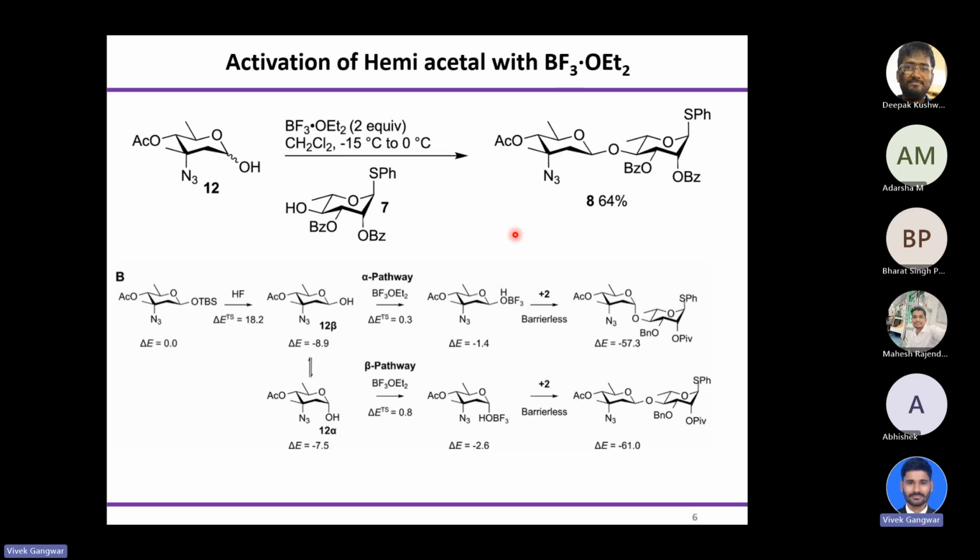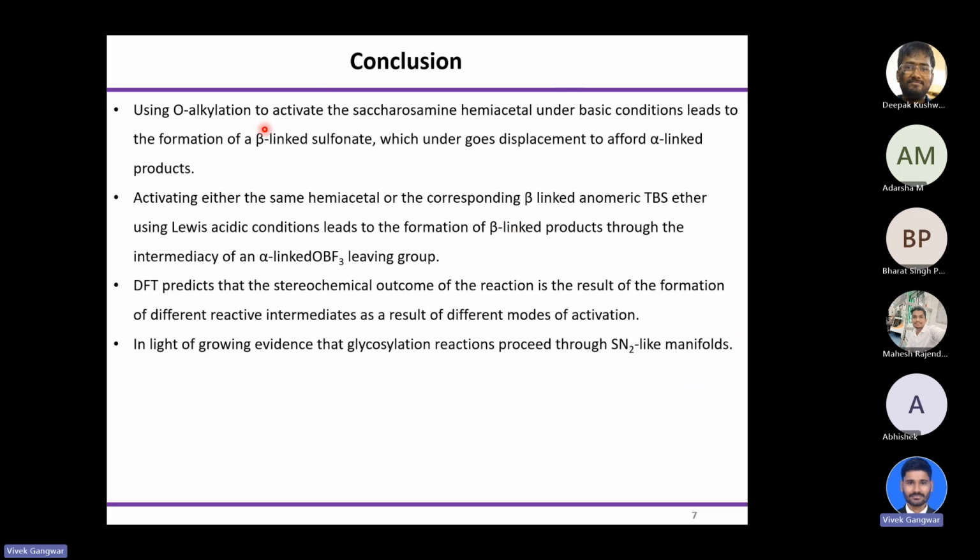So in conclusion, the first is the OTs protected. They activate using OTs and OTVS. In both cases, they are getting different selectivity and activation, the same activation that was used for hemiacetal, and they got selectively beta, and the alpha leaving group gave beta selectivity.